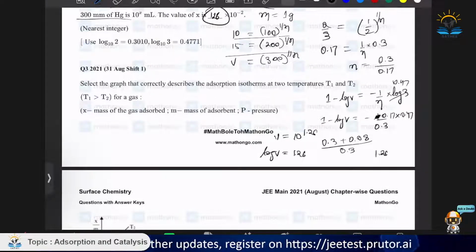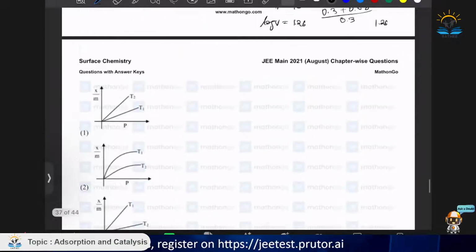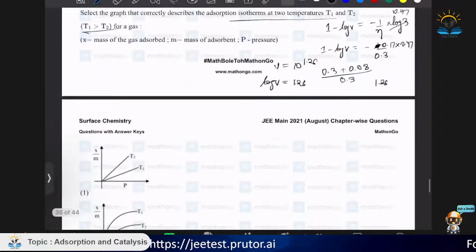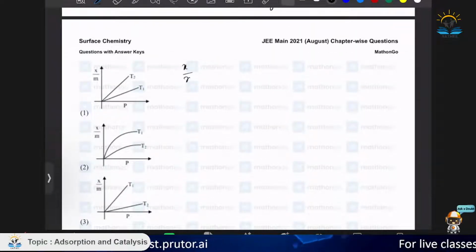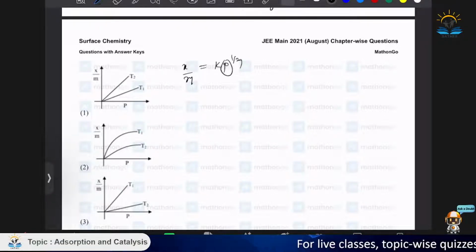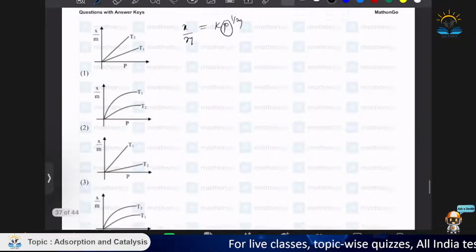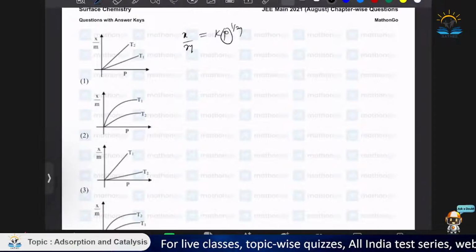See, select the graph that correctly describes adsorption isotherms at T1 and T2. T1 is more. So the graphs will be x by m with p. So x by m is equal to kp to the power 1 by n. So yeah, the slope will definitely be more for the one with lower temperature.